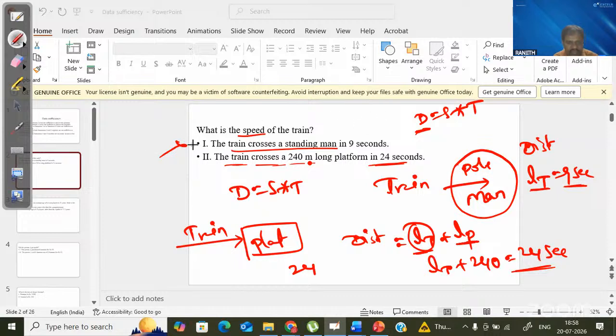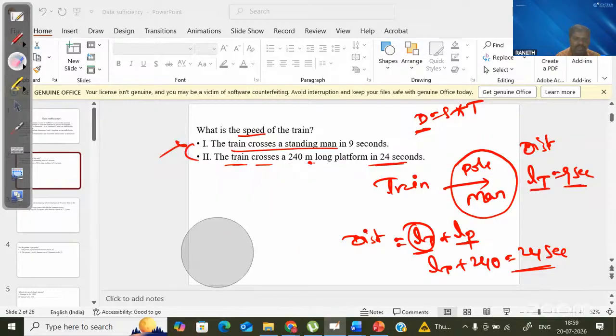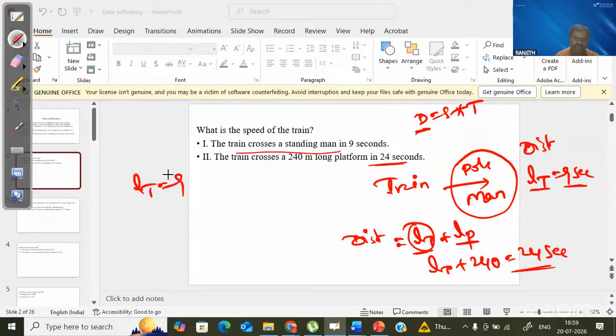So can I get the answer by using both statements? Let's see. Reading statements 1 and 2 together: a train crosses a pole in 9 seconds, and a train crosses a 240 meters platform in 24 seconds.